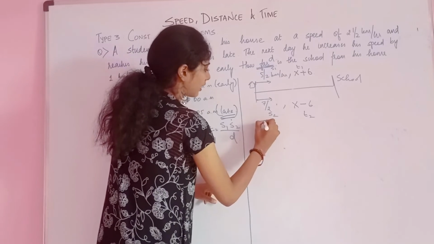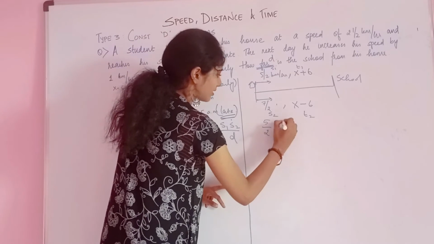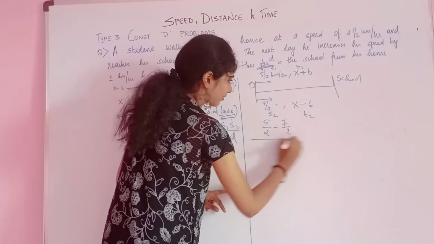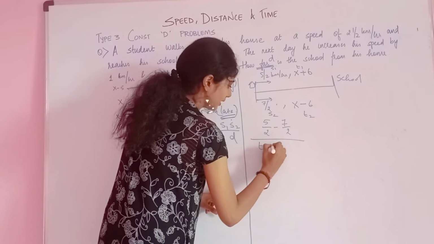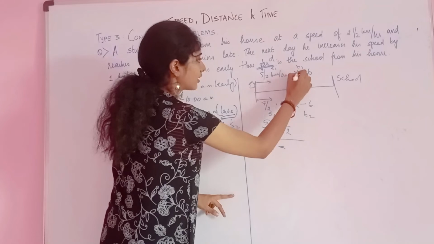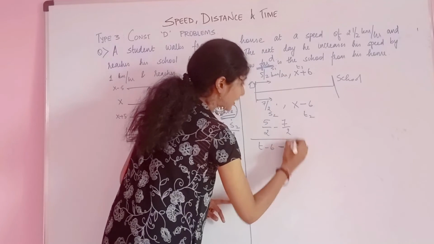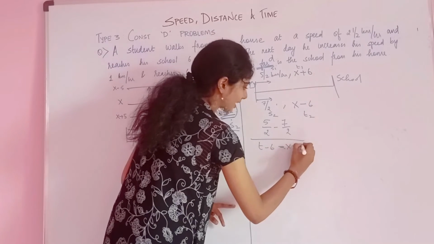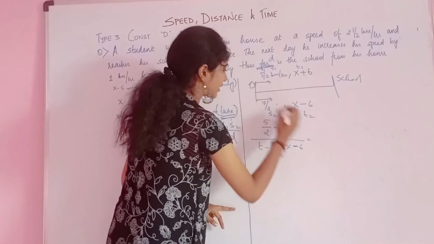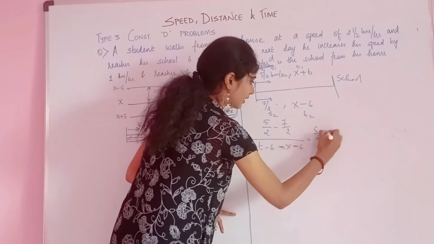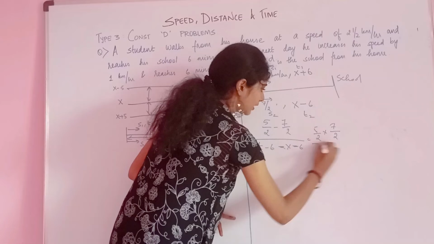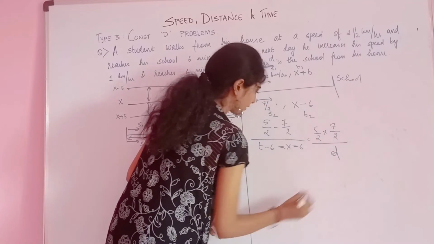So S1 is 5 by 2 minus 7 by 2 divided by T2, x minus 6, minus T1, x plus 6. So minus will go inside, x minus 6 is equal to S1 into S2, which is 5 by 2 into 7 by 2 divided by the distance D. Alright.